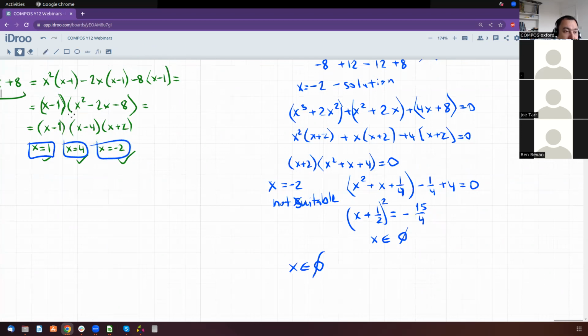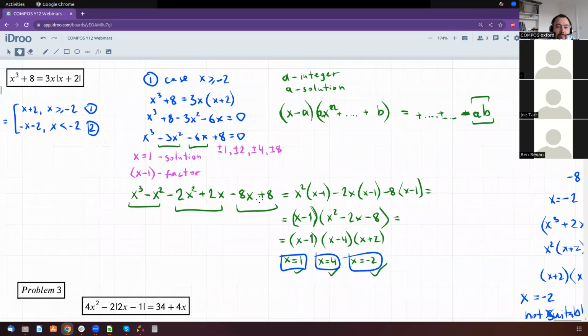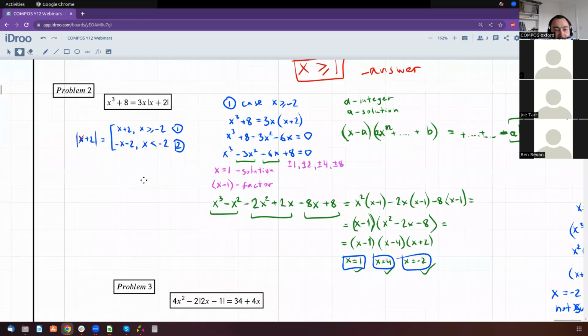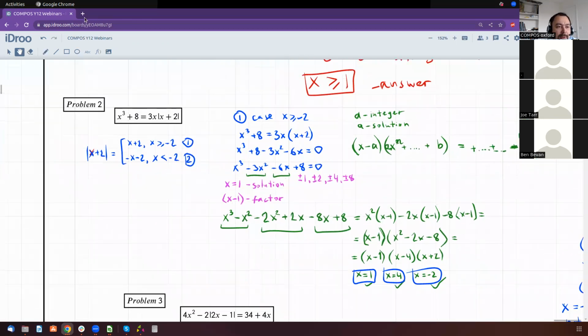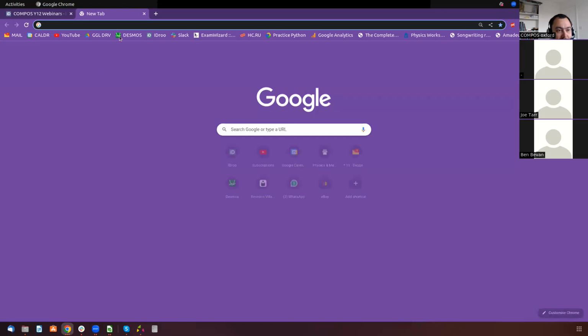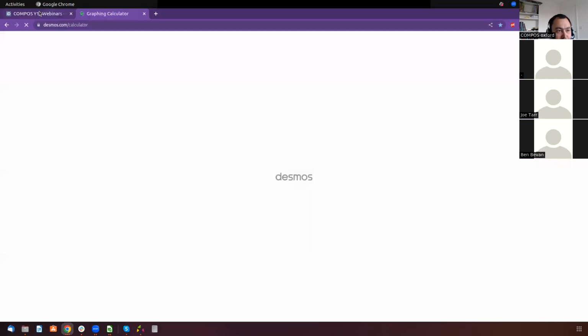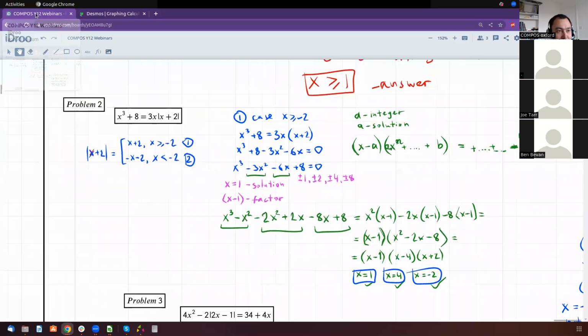The easiest way is using technology, and you probably have fancy calculators on you nowadays during the exam.